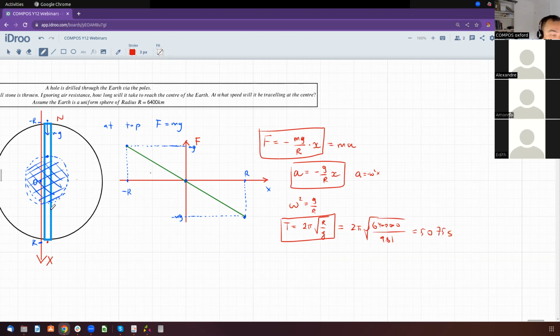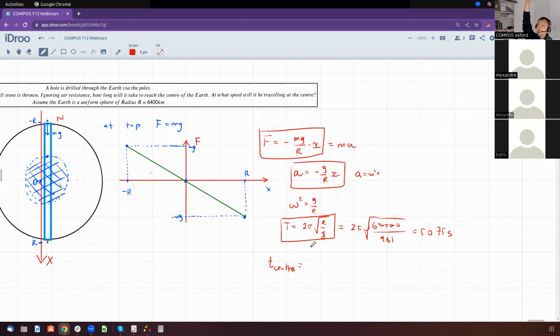And how long will it take to reach the center of the Earth? Well, the whole time period is the whole cycle. It goes forwards and backwards, all the way back to the top. So the time to reach the center is how much? Anyone?